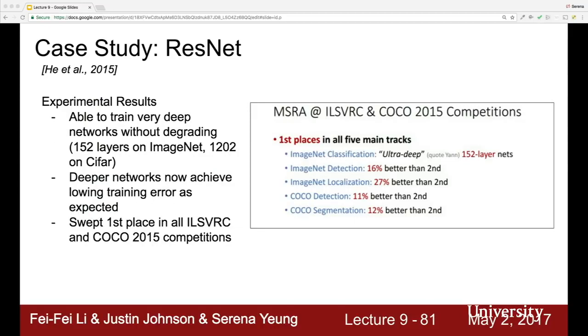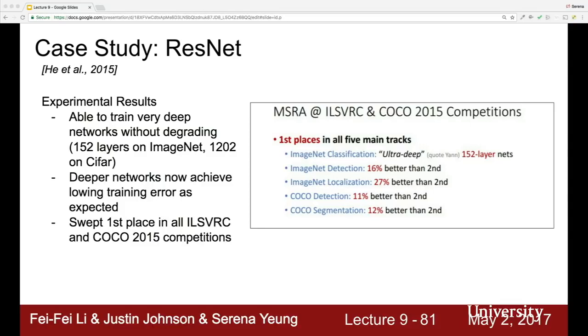And so experimentally, they were able to show that they were able to train these very deep networks without degrading. They were able to have basically good gradient flow coming all the way back down through the network. They tried up to 152 layers on ImageNet, 1,200 on CIFAR, which is, well, you have played with it, a smaller data set.